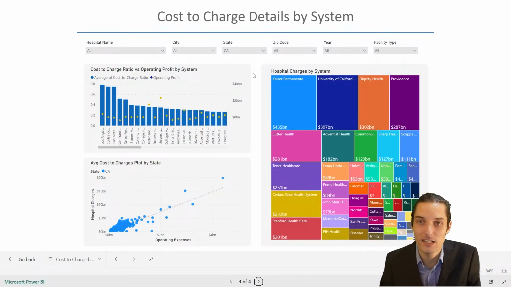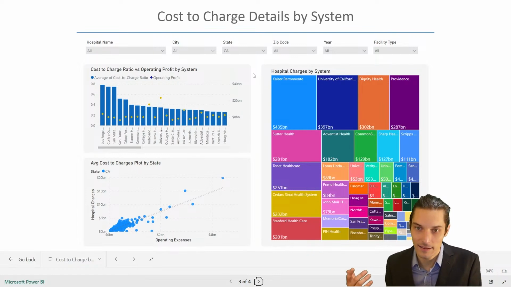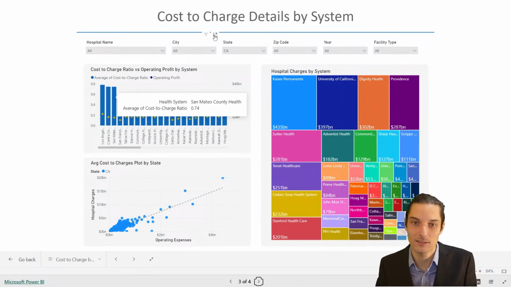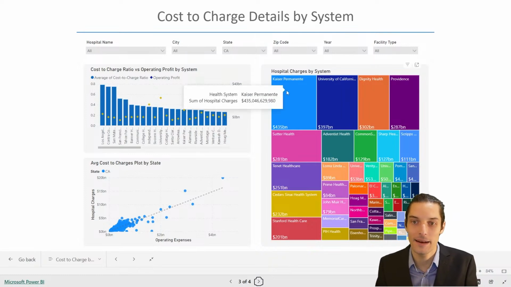And so if you are trying to choose a specific healthcare system and subsequently trying to choose an insurance company to use that can be within a network of providers, then this is where your cost to charge ratios actually matter. And so if you're in California, for example, then Kaiser Permanente is most likely going to be your largest system.